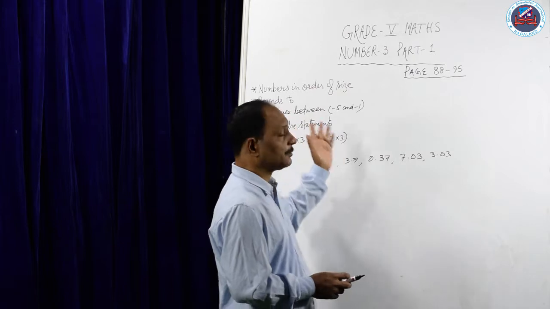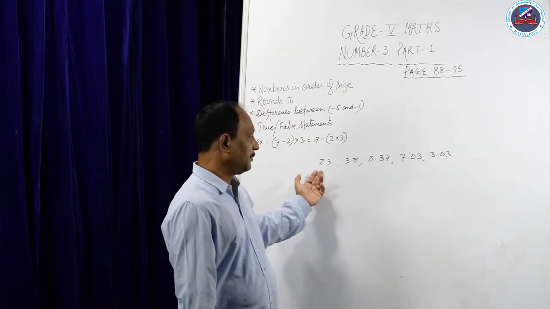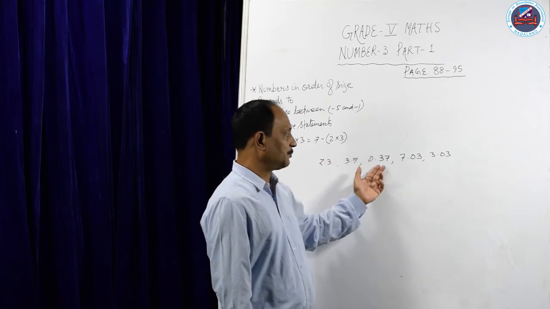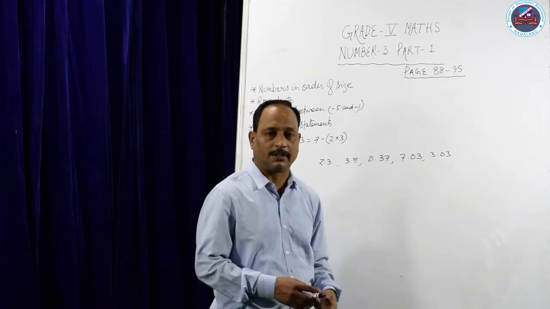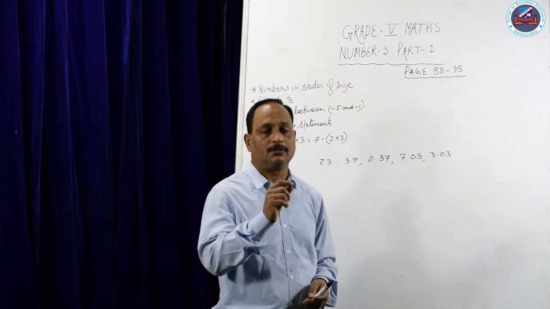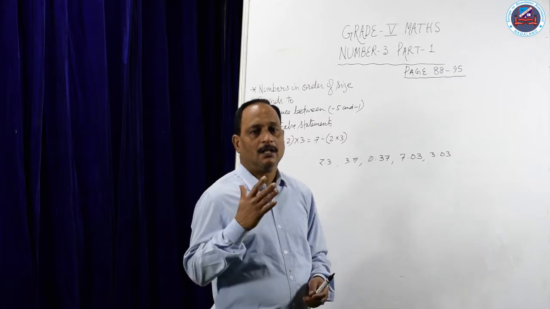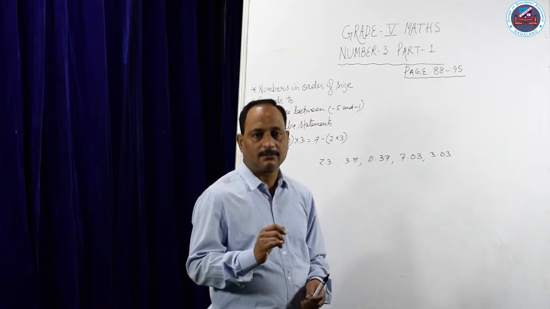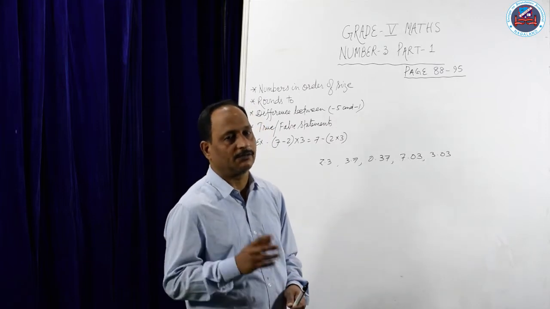Let us first take numbers in order of size. Assume these numbers are there: 7.3, 3.7, 0.37, 7.03 and 3.03. In order to arrange them by size, either ascending or descending, that is smallest to greatest or greatest to smallest, what do we have to see first?